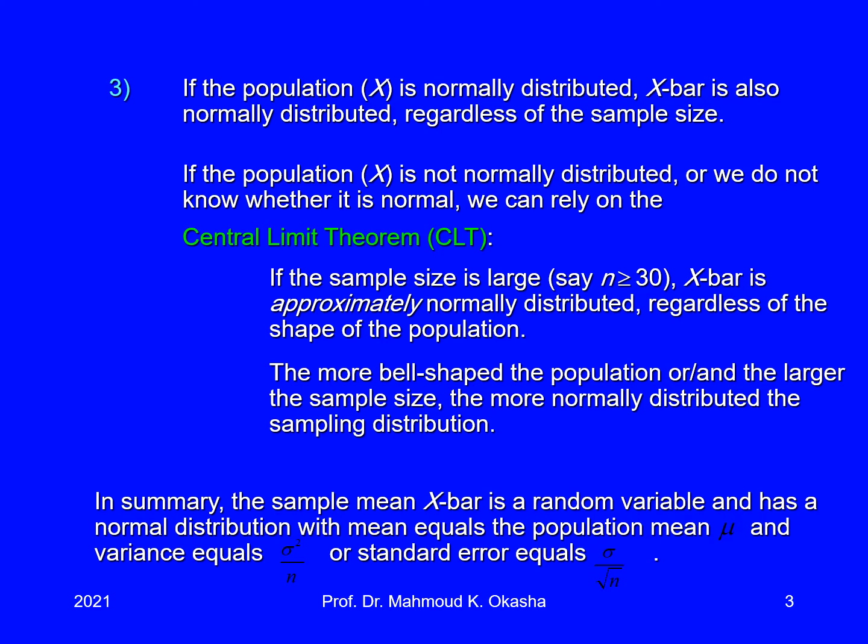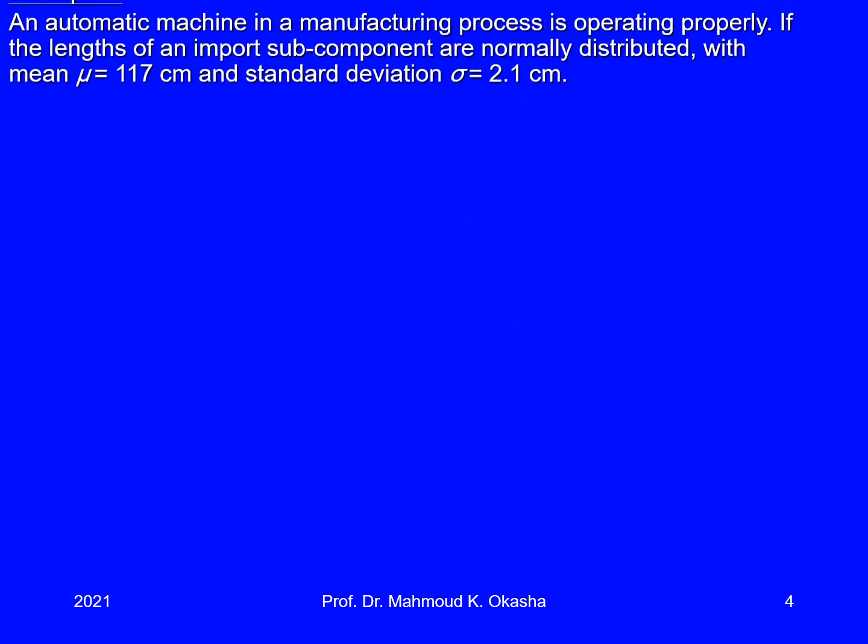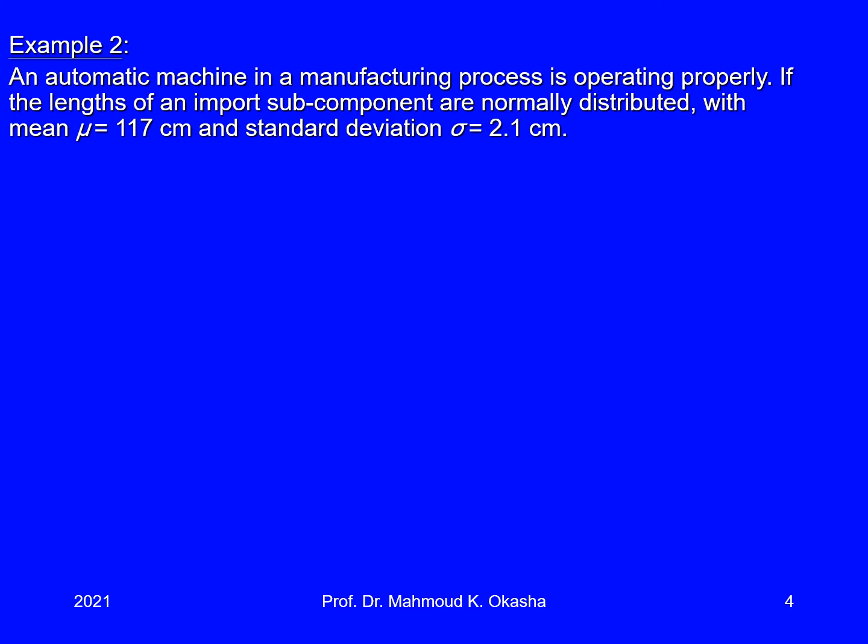Final conclusion which we get in this part. Now we have an example. Example two. We had example one in the previous session. This is example two. The example says: an automatic machine in a manufacturing process is operating properly if the length of an import subcomponent is normally distributed.